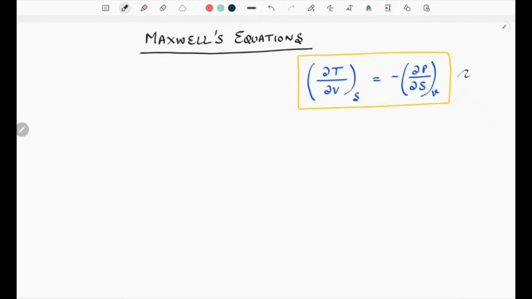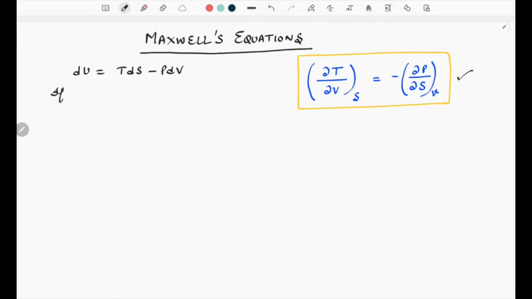Now, to prove this first Maxwell equation, we will start from dU is equal to TdS minus PdV. Now, we will modify this equation to obtain Maxwell equation.